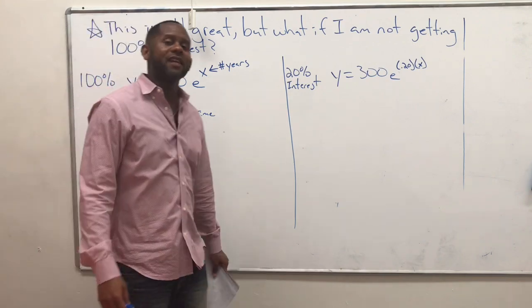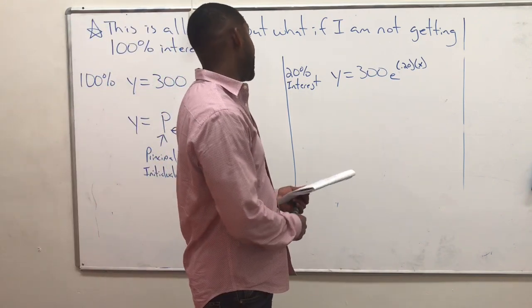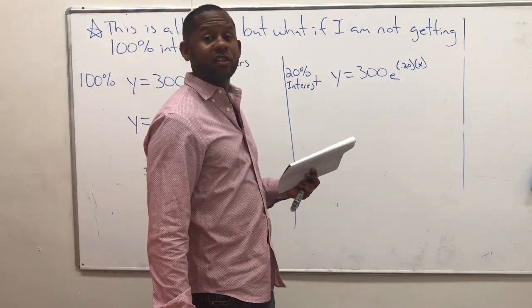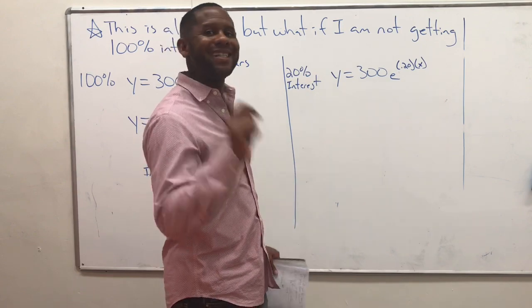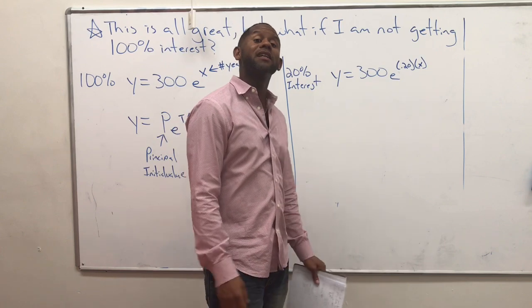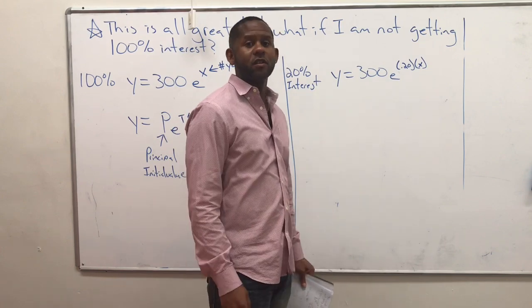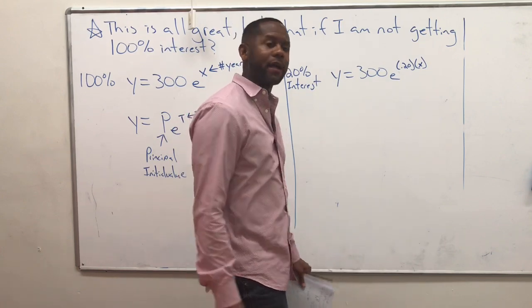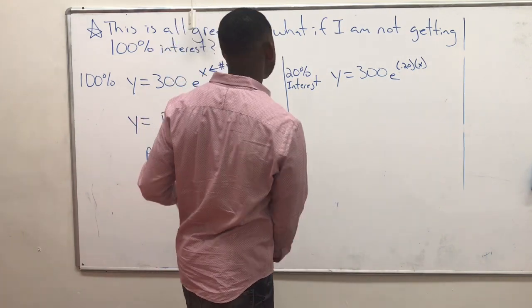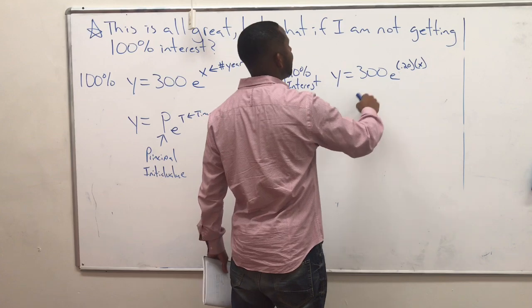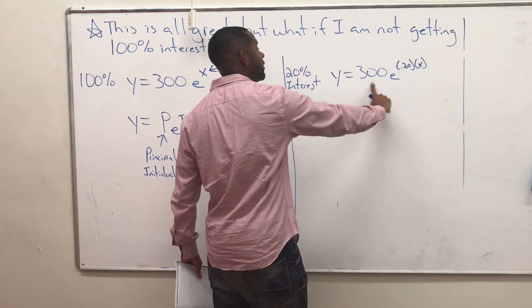But again, like I said, most people aren't going to say, hey, I'm going to give you 100% continuously compounded interest on your investment. But they might tell you, hey, guess what? I'm going to give you 20% on a continuously compounded investment. And that's what this situation is. So now it's a little different, because to figure out my money, I start off with $300, right?